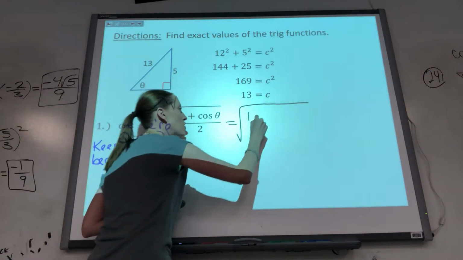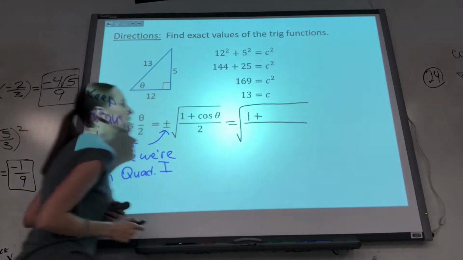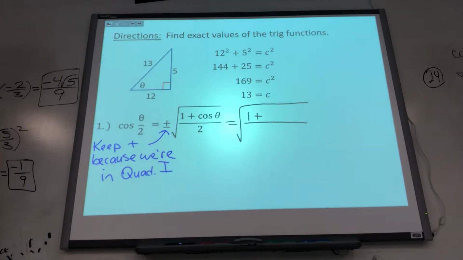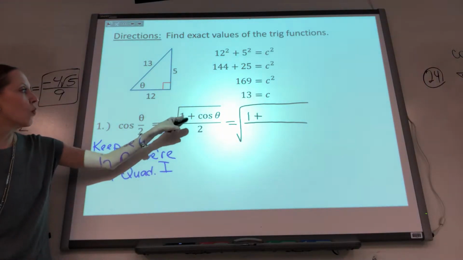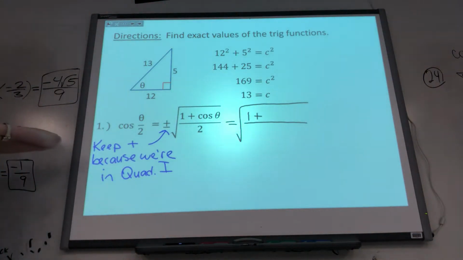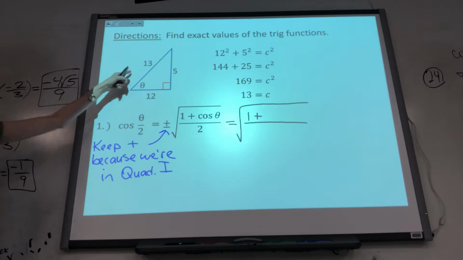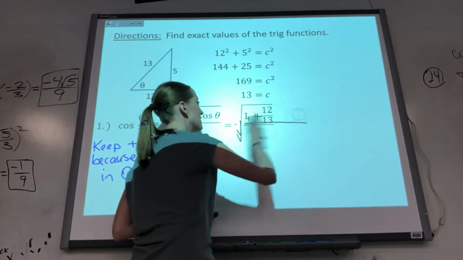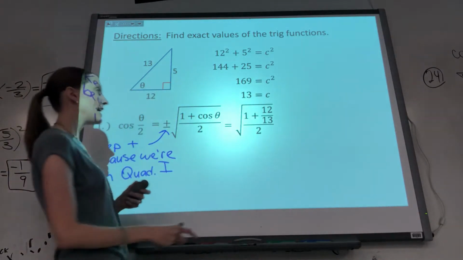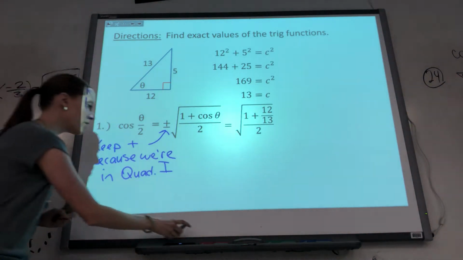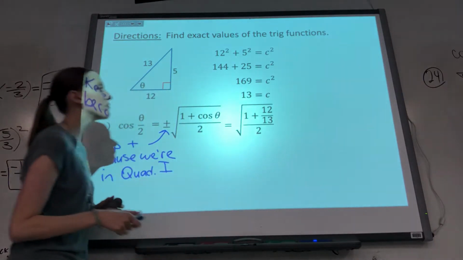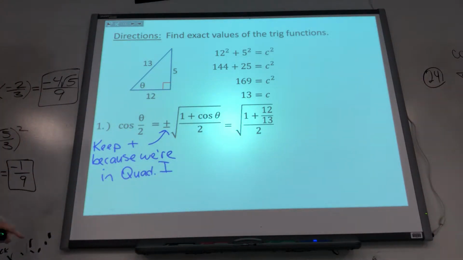Now I start to plug in all my stuff under that square root. Now, on top, I need to take 1 plus cosine of theta. If you look at this triangle, what is cosine of theta? 12/13. So this looks a little awkward with the fraction in a fraction, but I've got to take the square root of 1 plus 12/13 over 2.